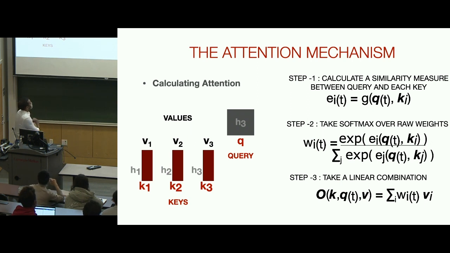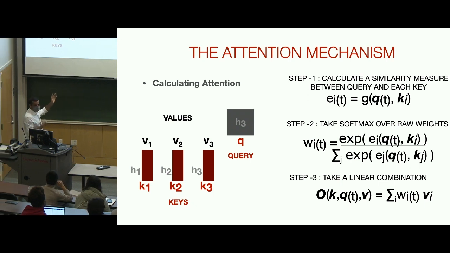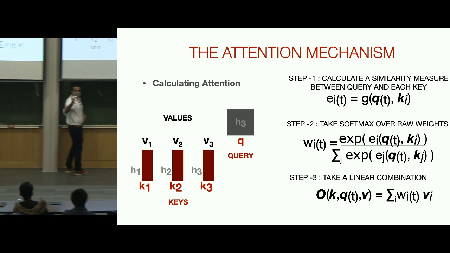The thing is that keys are the input, or a linear transformation of the input, a generalization of the input. So sometimes we call the hidden states the keys. Sometimes you might apply a linear transformation over it and call them keys. And values are, again, a generalization of the inputs, but sometimes we might have a linear transformation over the inputs to call them values. In this case, we don't. Is this visible to people at the back?